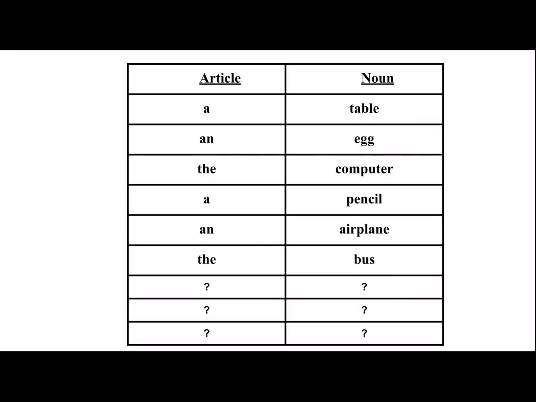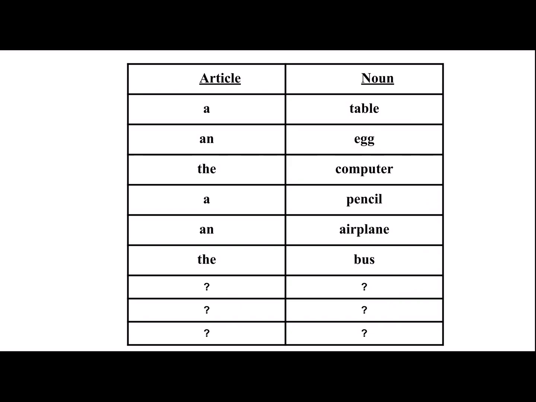All right. So lastly, if you haven't gotten your language notebook open to the next clean page already, go ahead and do that now. And we're going to spend some time preparing a table like this one with a column for different articles and a column for different nouns.